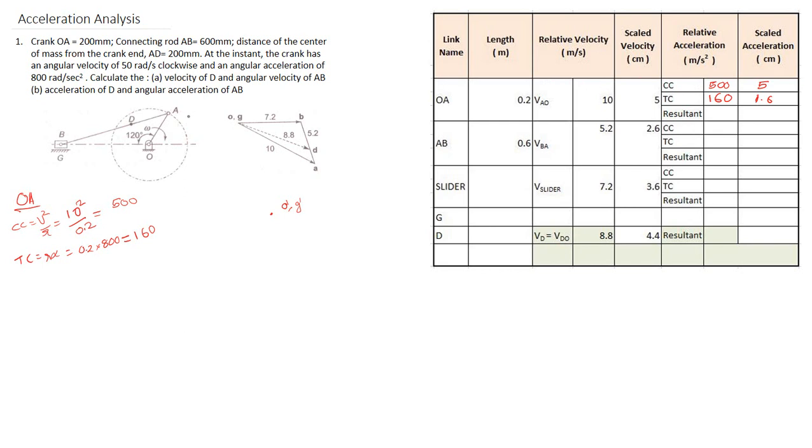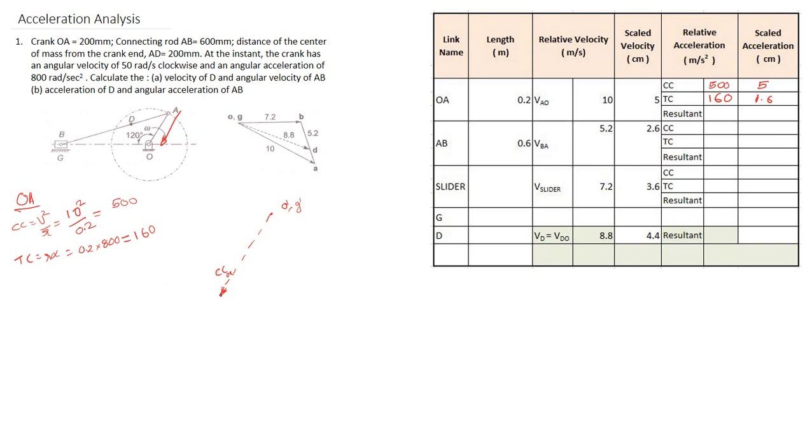For the centripetal component, the direction will be towards the fixed point. So the direction will be like this. I am drawing this. This is your centripetal component of OA, and from this point you have to draw the tangential component, and the value of the tangential component is 1.6.